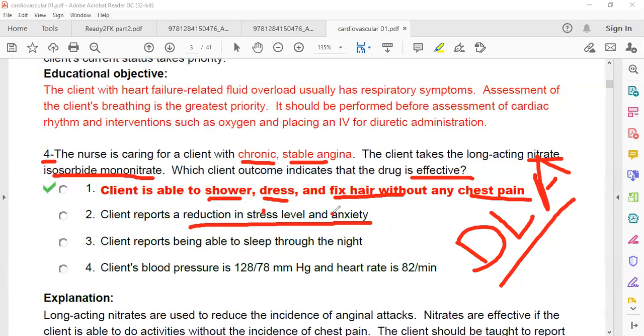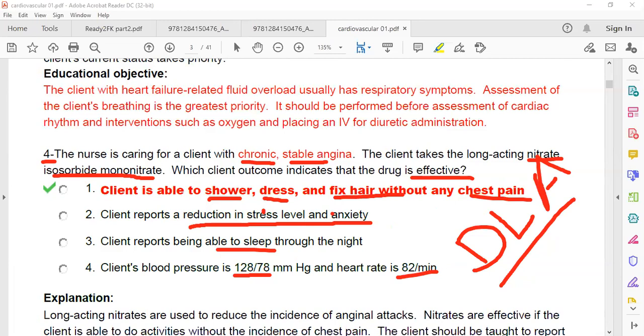It is not a benzodiazepine like diazepam. The client reports being able to sleep through the night. Nothing related to this. The client's blood pressure is 120/78 millimeters of mercury, heart rate 82. So it is normal.